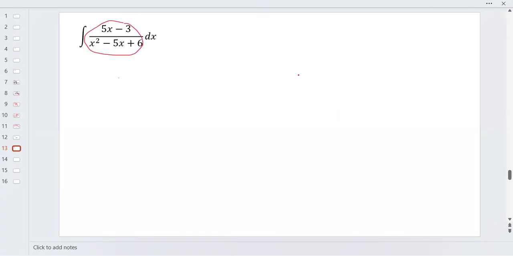Now, the idea about partial fractions is you have a number, say 3 over 4, and I'm trying to tell you that I can break 3 over 4 down to maybe 1 over 2 plus 1 over 4. If we do 1 over 2 add 1 over 4, this automatically gives me 3 over 4.